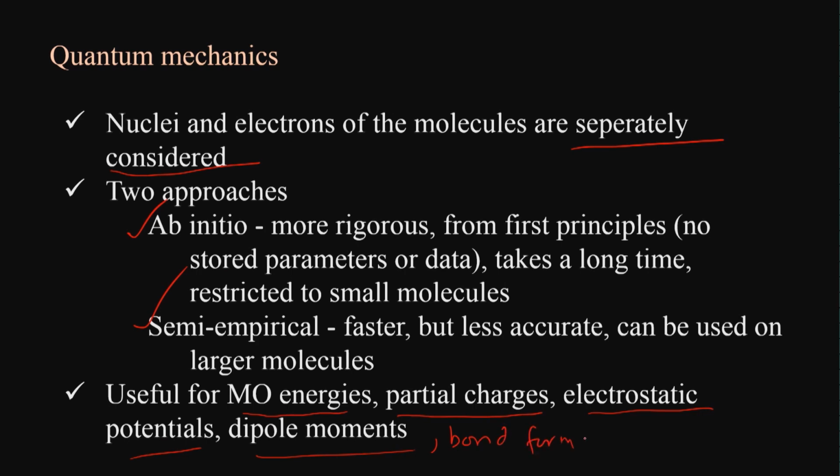So, all these calculations can be done using molecular quantum mechanic theory. Okay. So, we can look at molecules at different oxidation states. So, all these can be done in quantum mechanics, and we will look at the semi empirical, okay, which is faster but less accurate, ab initio, which is very rigorous based on first principles.